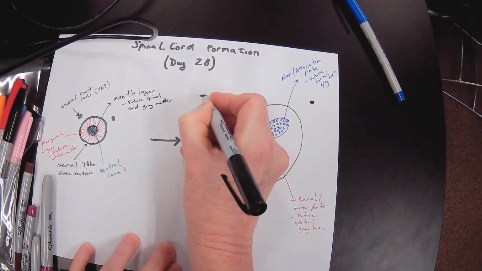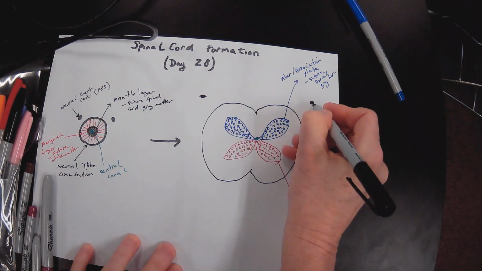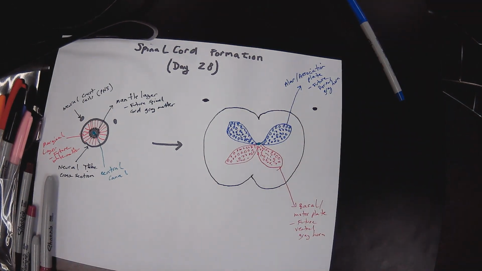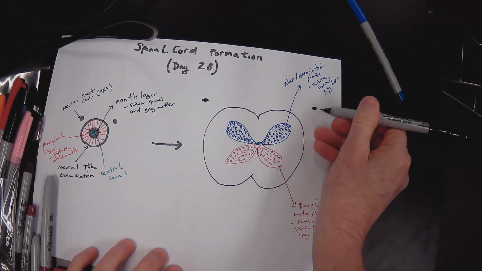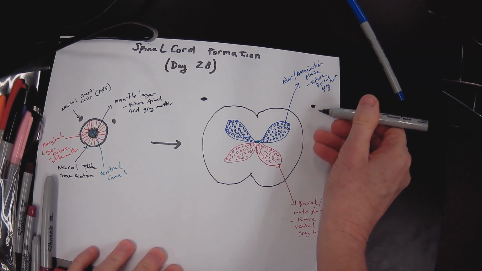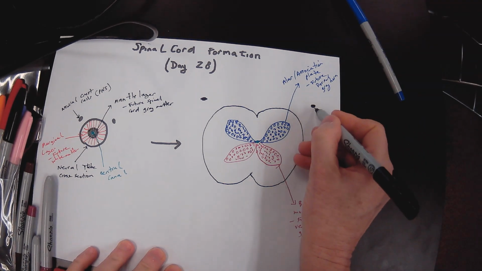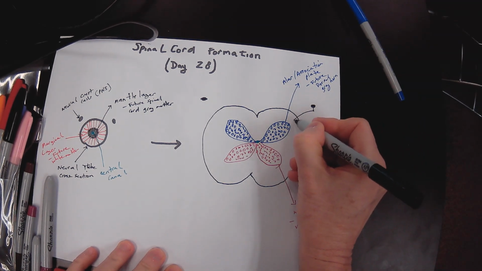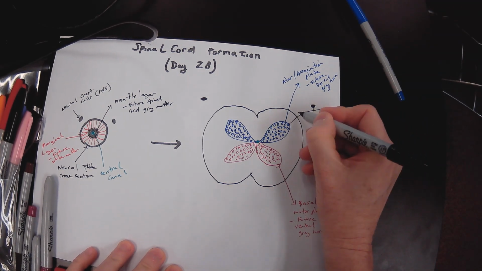your neural crest cells. Now these are neuronal cell bodies. These neural crest cells up here, these are neuronal cell bodies that I said were going to become your peripheral nervous system. So what do you think lives here? Yep, that's your dorsal root ganglia. So if we had to put that in, come here and here.